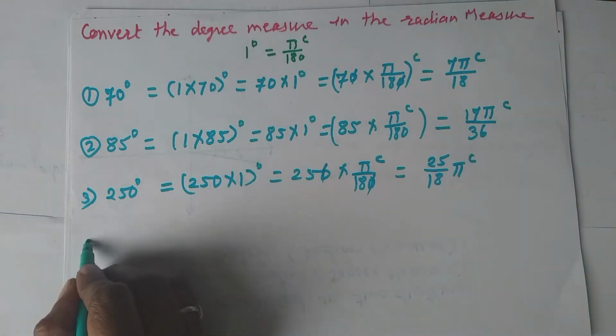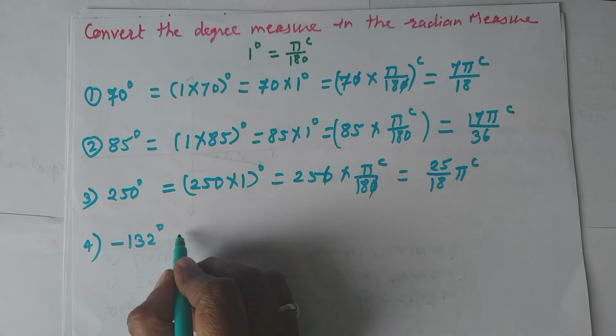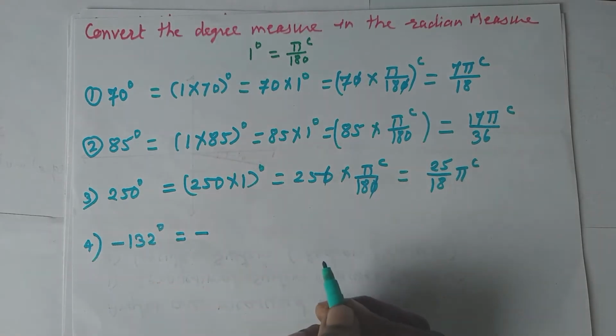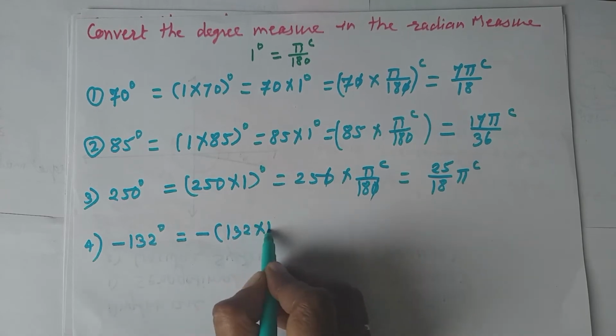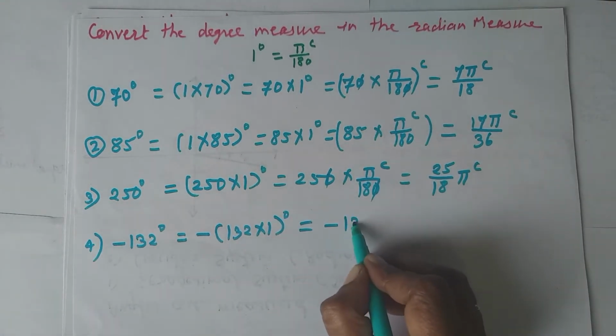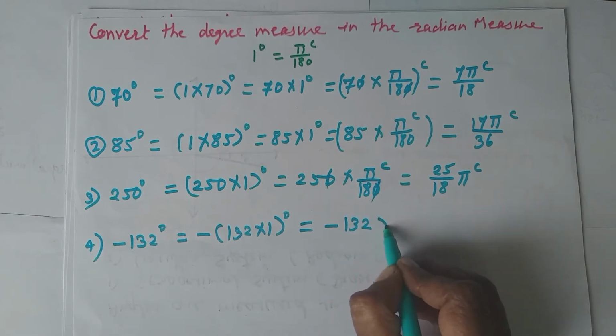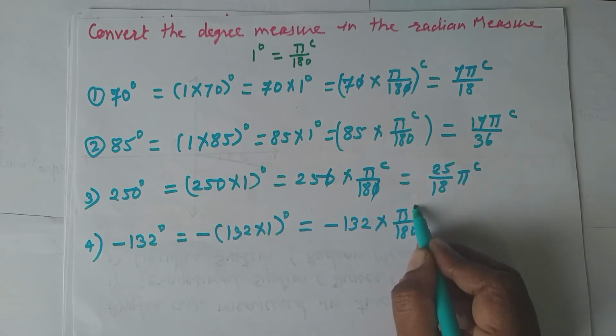Let's see one more example. Now here all the angles were positive, here the angle is negative. Don't worry, you keep that minus sign as it is and write down this as 132 into 1. Again keep the minus sign as it is. This is 132 times 1 degree. Keep the value of 1 degree, that is pi upon 180 radians.